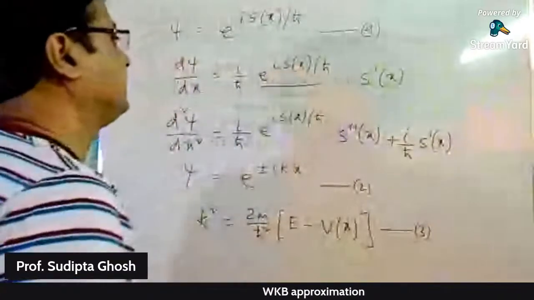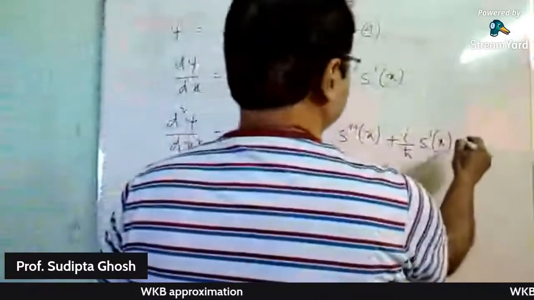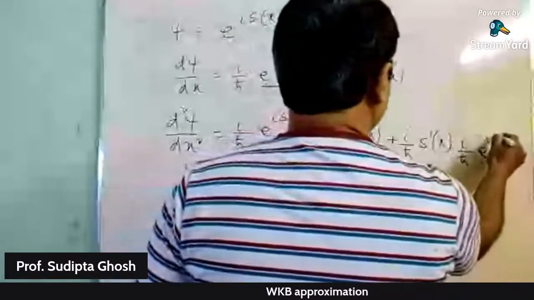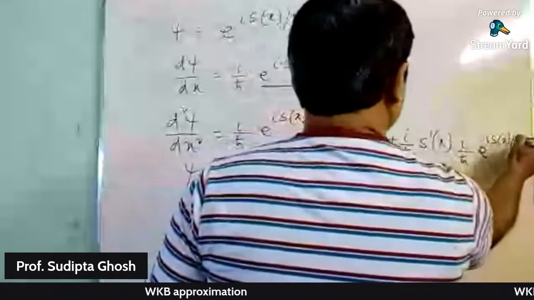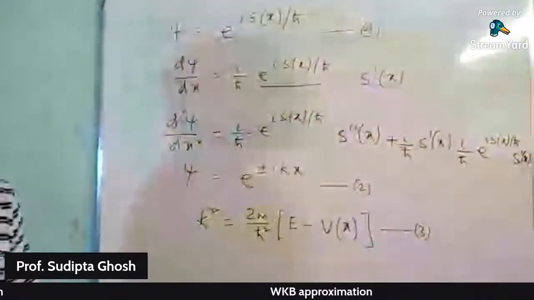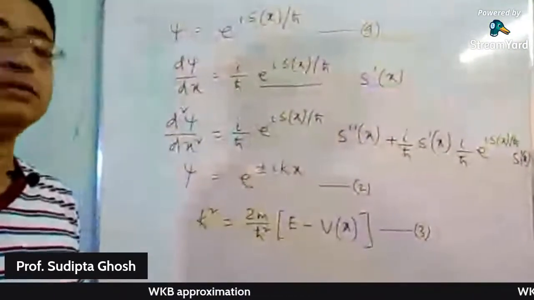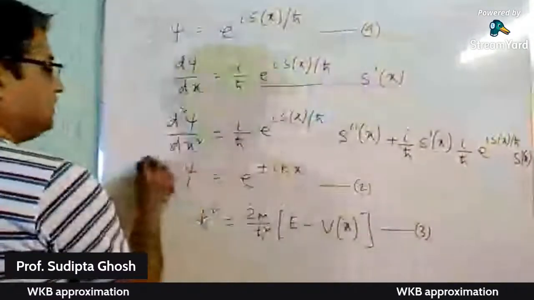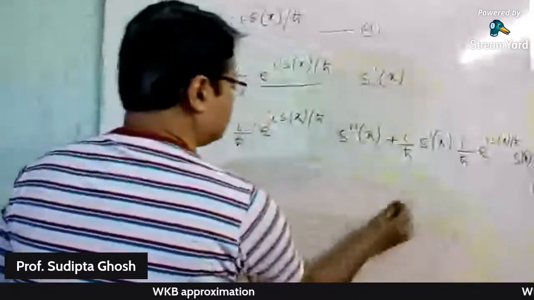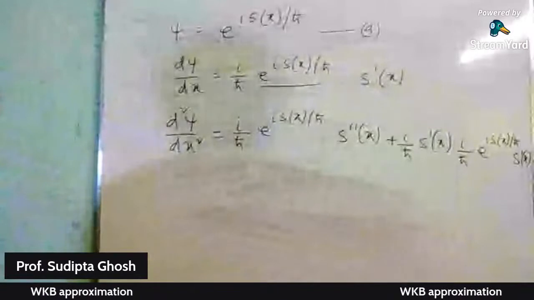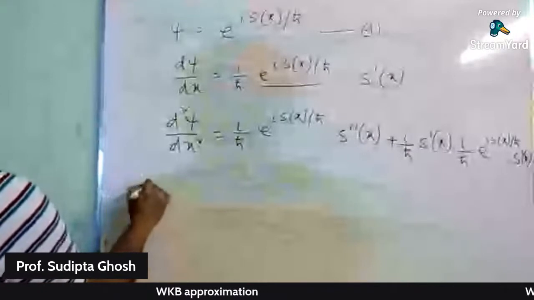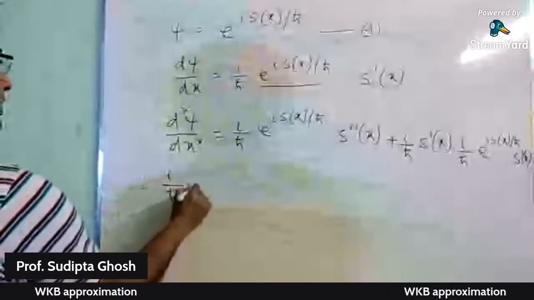Now I am differentiating e to the power i s(x) by h cut, so it will give me i by h cut e to the power i s(x) by h cut, and then again s prime of x. Now this can be done by yourself also.